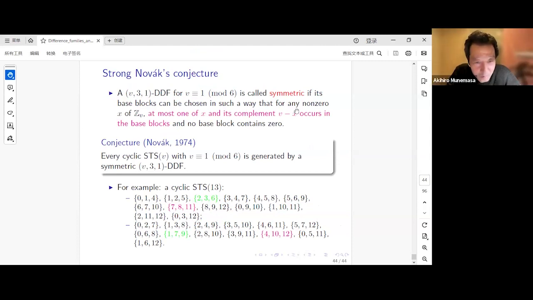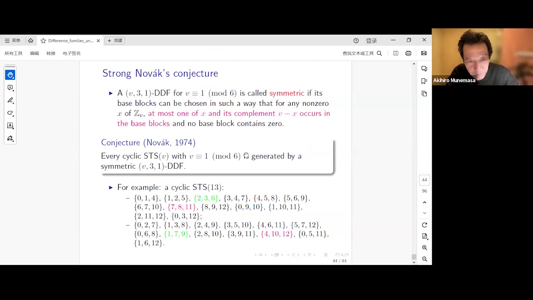It seems Novak is interested in the question of whether you can choose disjoint base blocks in a difference family.